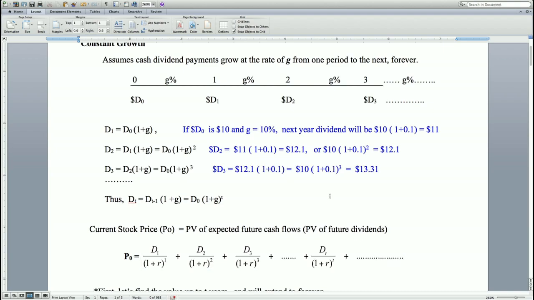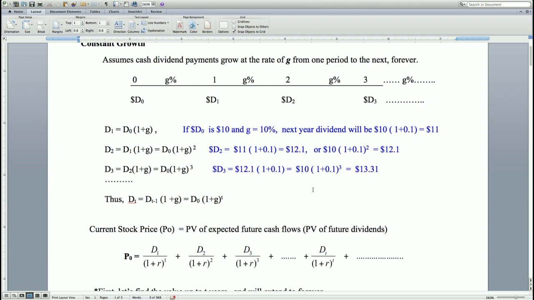So what we can do is a two-step approach. First, we calculate up to year T. We want to simplify D1's value today, D2's value today, D3's value today, on and on, up to DT's value today. Up to here, we calculate and make one formula. After we have the formula, in the second step we increase T to forever.